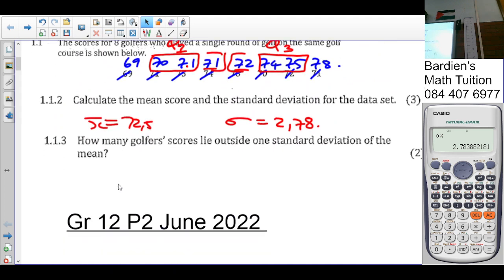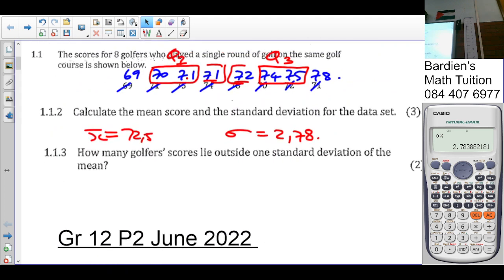So here we are told, how many golfers score outside one standard deviation of the mean. So what we need to do is first set up the range of the mean. So it's your mean minus your standard deviation, your mean plus your standard deviation.